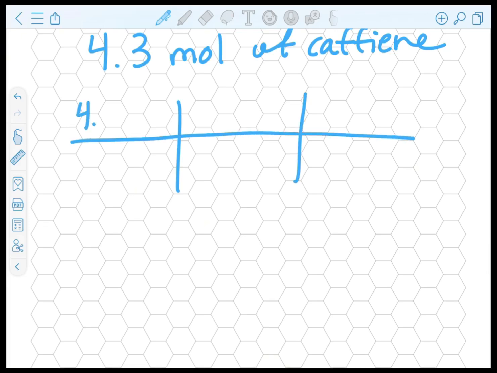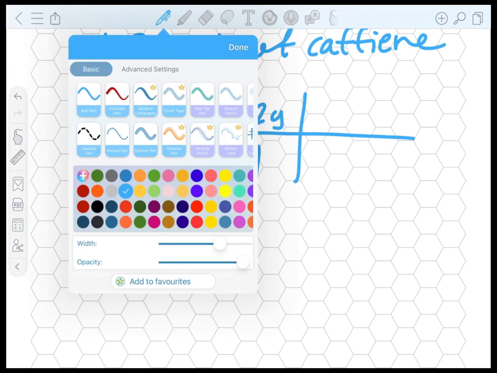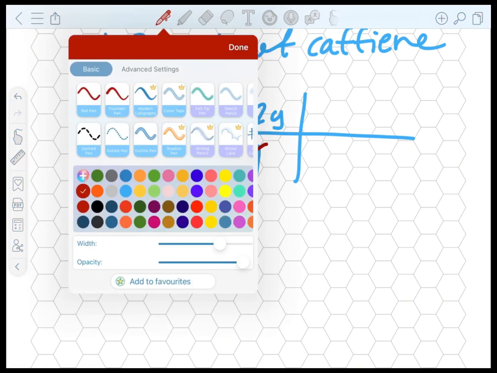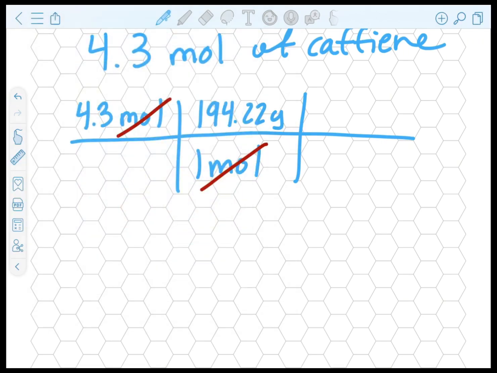We're going to multiply 4.3 moles times the molar mass of caffeine, which is 194.22 grams. Remember, over 1 mole. Now the moles are going to cancel out. Let me just write this out. All right. So now we have 835.1 grams of caffeine in 4.3 moles of caffeine.